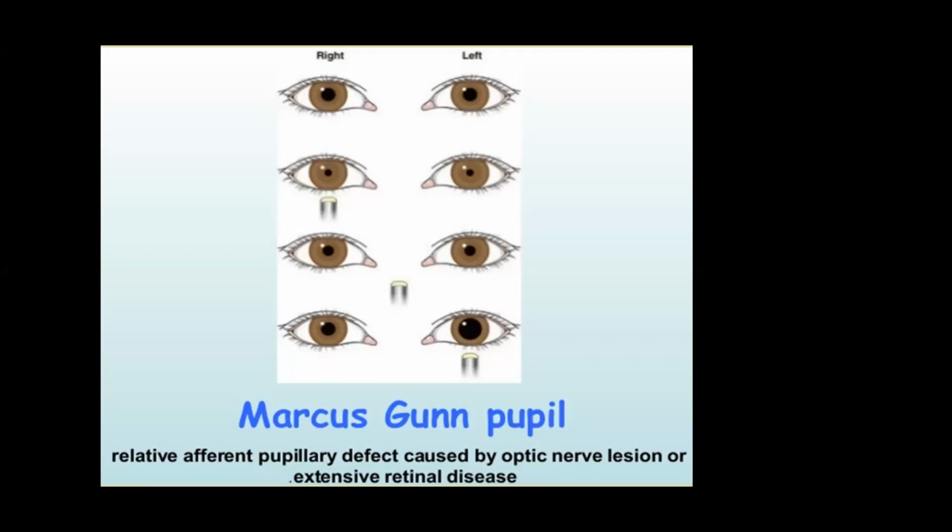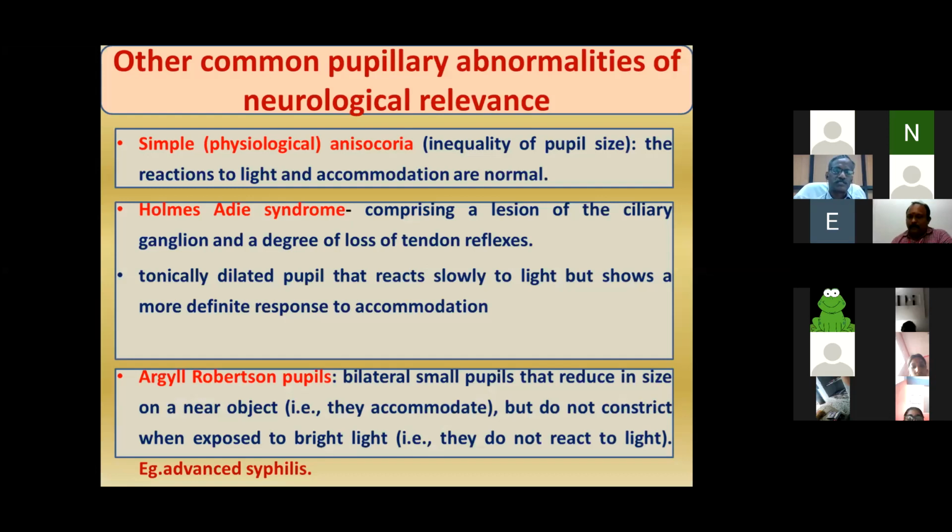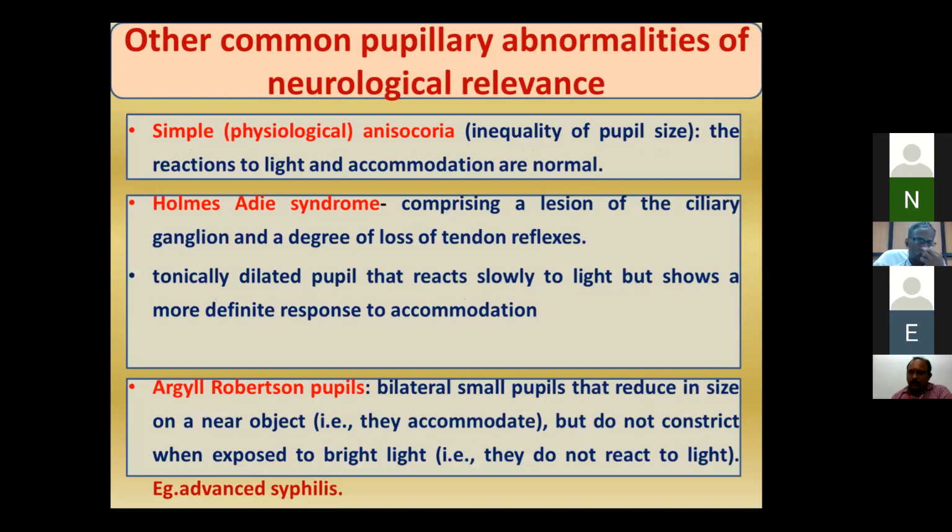Next, other abnormalities. One, simple physiological anisocoria. Second, Adie syndrome. Third, Argyll Robertson pupil. Inequality of pupil size can sometimes be normal. Adie syndrome is a lesion in the ciliary ganglion. It can cause loss of tendon reflex associated with it.